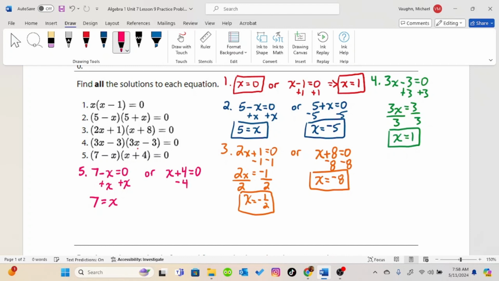We subtract 4 from both sides, and we find out that x equals negative 4. So number 5 has two factors, and therefore two solutions, 7 and negative 4.